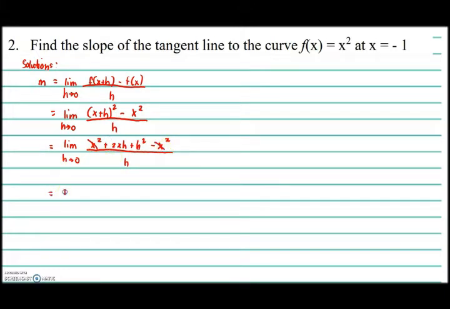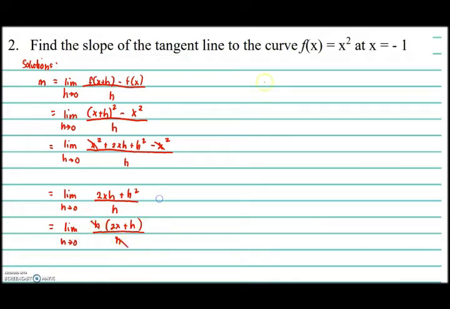So you are left with the limit of 2xh plus h squared all over h as h approaches 0. Okay, factor out your numerator to cancel out h. So we have the limit of h times 2x plus h over h as h approaches 0.